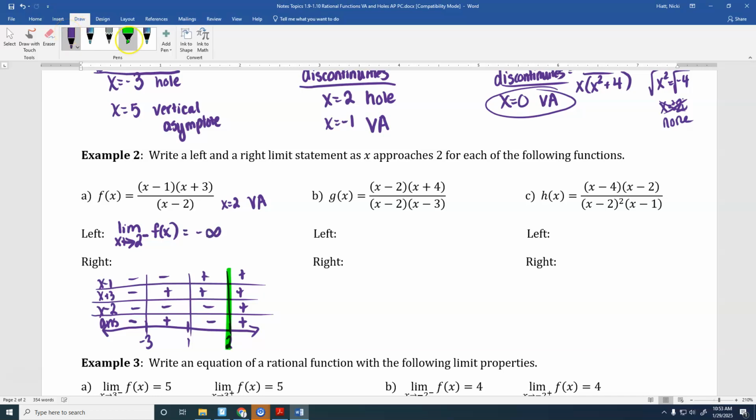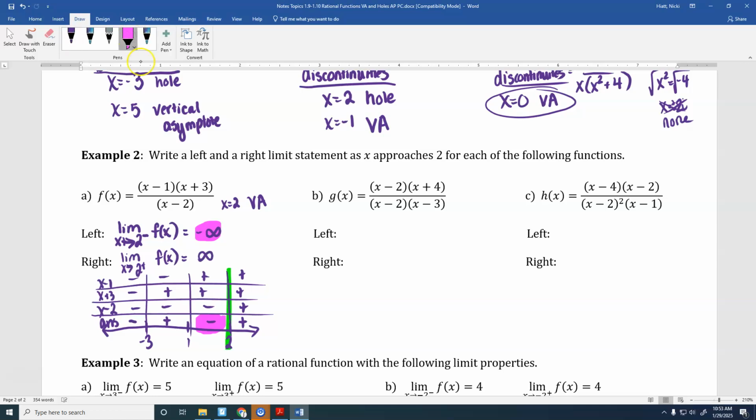It's just the place right beside 2. That's where I'm getting my negative infinity. And then on the right side, my limit as x approaches 2 from the right of f of x would be positive infinity.